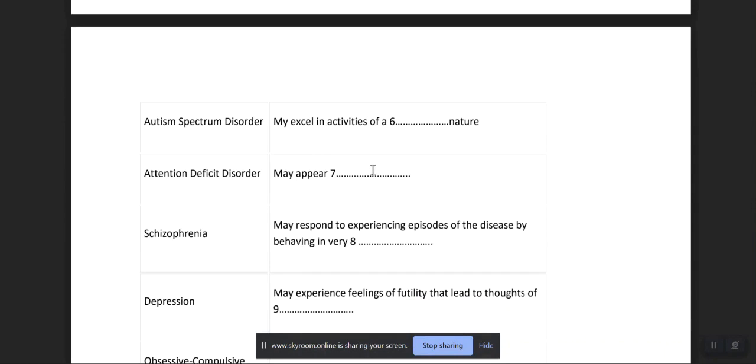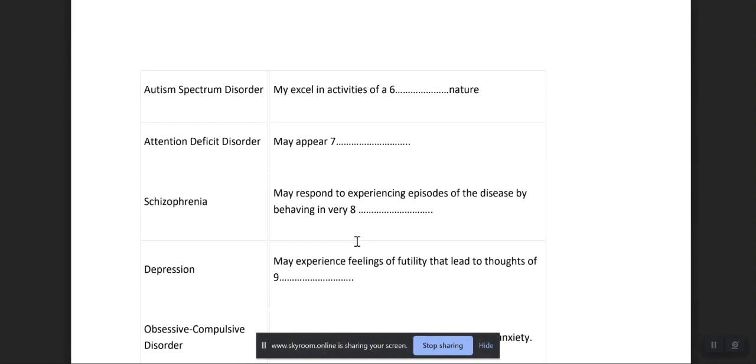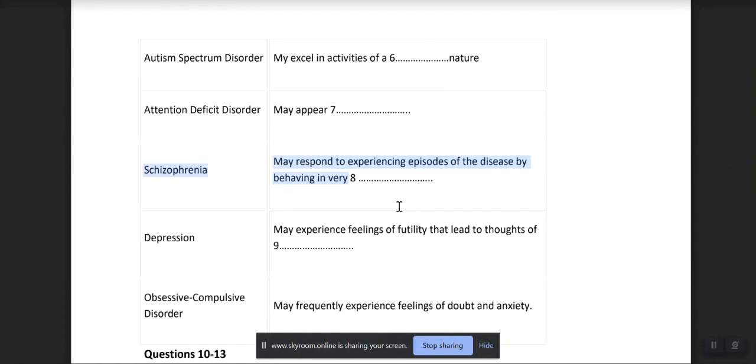So here, at most 3. My response to experiences episodes of the diseases by behaving in a very something. Because of this, you have to go to schizophrenia and find this statement and fill it like this. Okay.